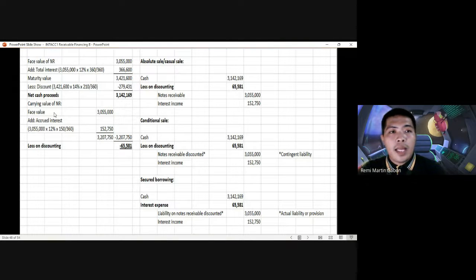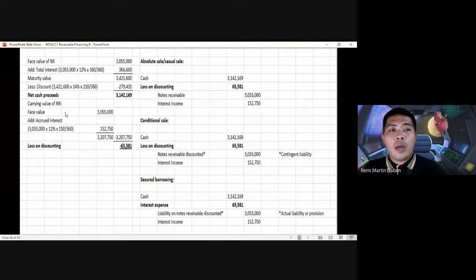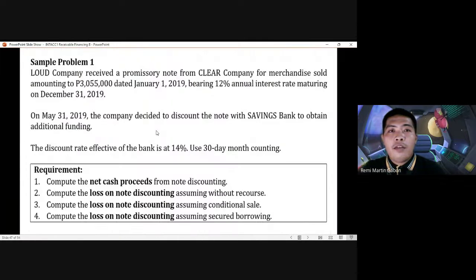Then this net cash proceed, compare it with the carrying value of the notes receivable. Since we are referring to an interest-bearing promissory note, how we compute the carrying value is to add to the face value of 3,055,000 the accrued interest. How do we determine the accrued interest? From January 1, 2019 to May 31, there is a passage of time equivalent to January, February, March, April, May.